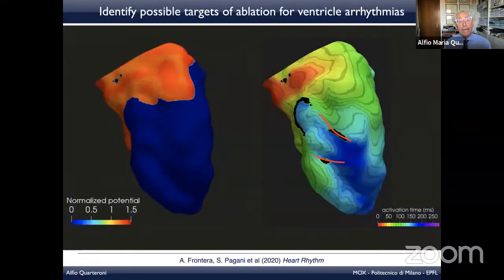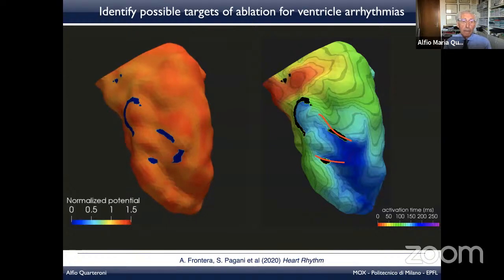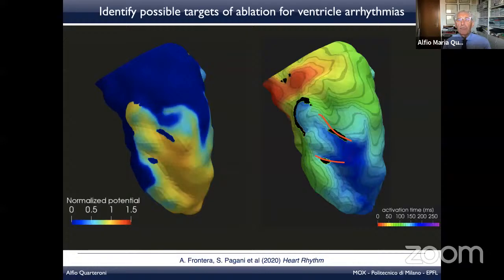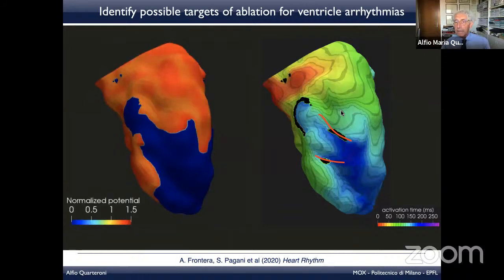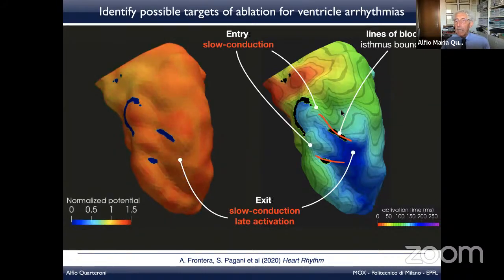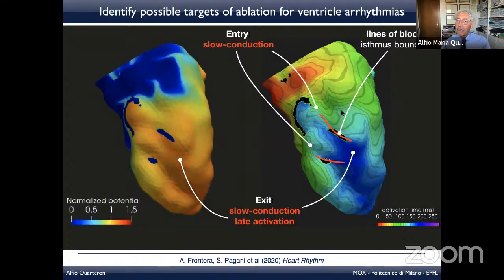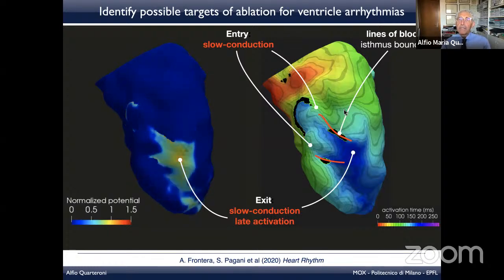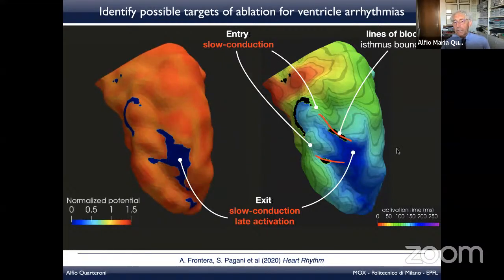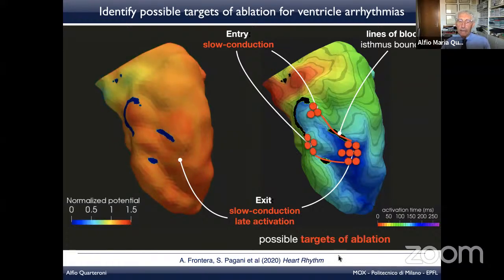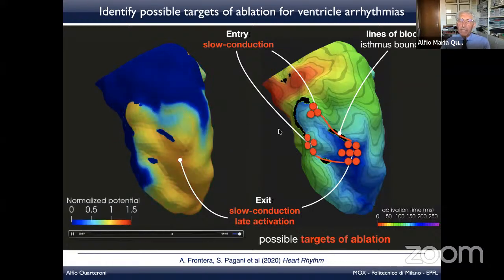Of course, you can then also use it in clinical problems, like the one that you see here for ventricular arrhythmias. The idea would be to find the biomarkers that characterize the malfunctioning of a ventricle that is affected by very severe arrhythmia, like lines of slow conduction, lines of block, and possible targets of ablation.